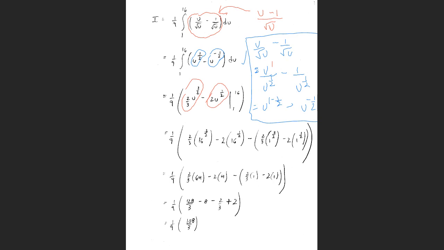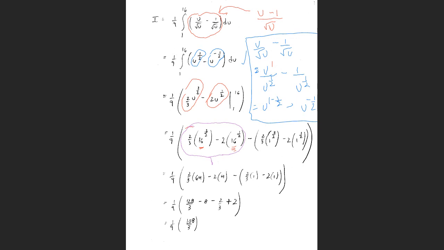Now that we have the antiderivative, we substitute in our limits. We know from calculus 1 that the 16 limit goes in the antiderivative first. So you're going to have 2/3 times 16 to the 3/2 power minus 2 times 16 to the half power.